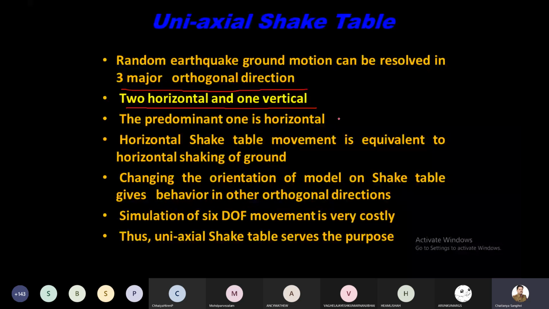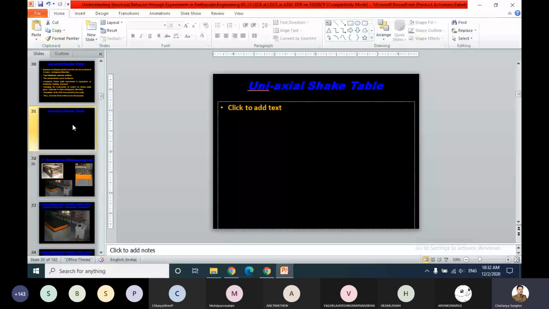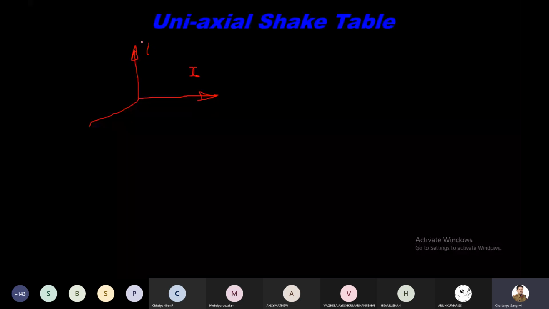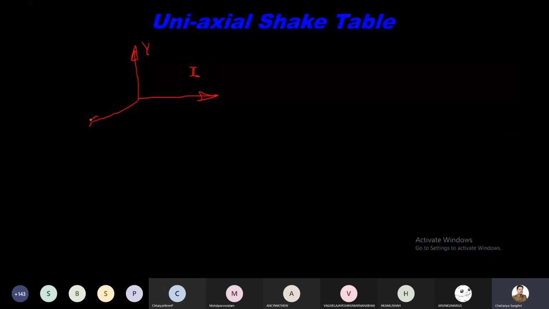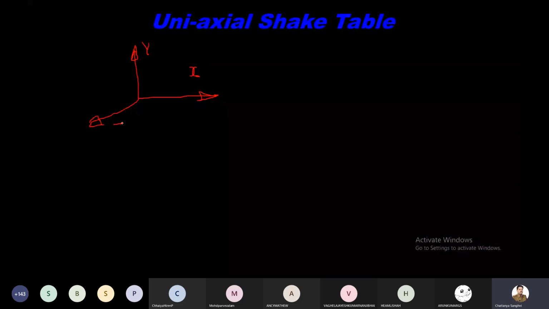Now the next part is, now we have three components, right? Which are the components we have? We have a component in X direction. Then the earthquake will shake in Y direction also, and it will shake your structure in Z direction also, right?